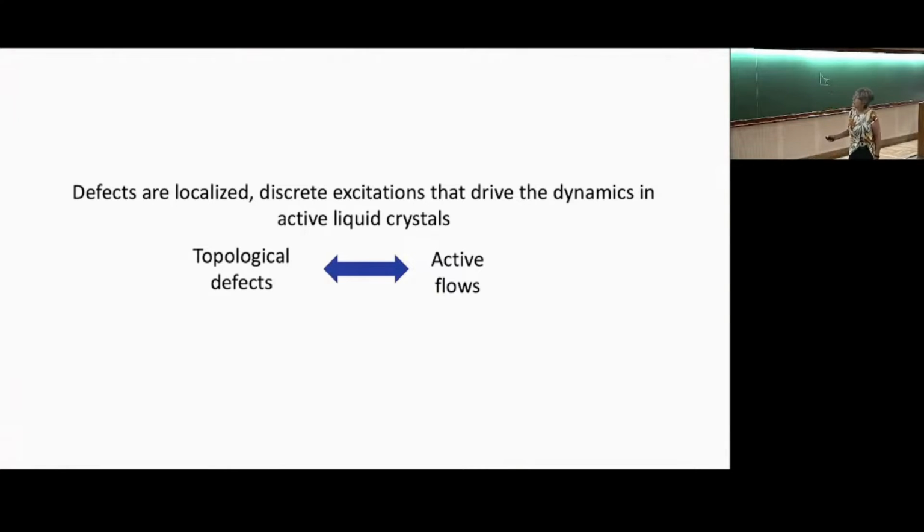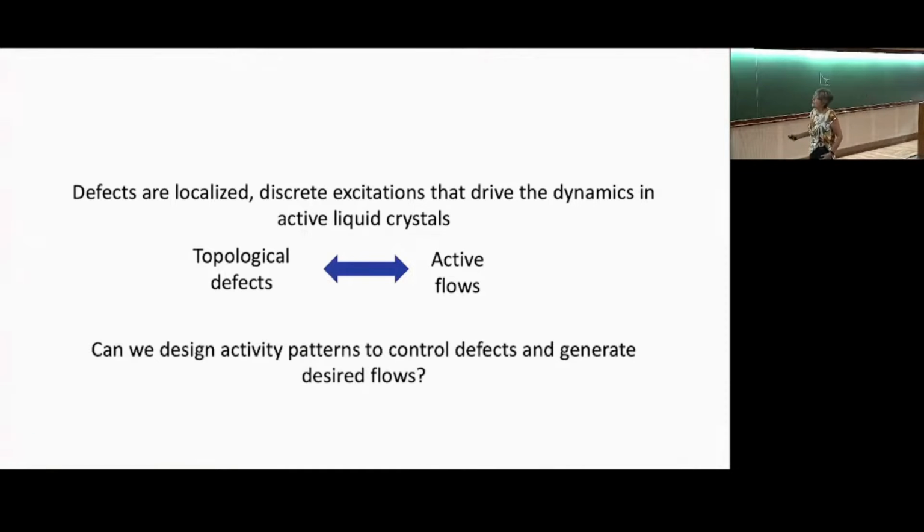And the defects can really be thought of as localized excitations that drive the dynamics in these active liquid crystals. So the question we've been addressing is, can we look at the inverse problem, actually design activity patterns that will control the defects and therefore allow us to generate desired flows, something that could be used in microfluidic design, or maybe biology uses something of this type.